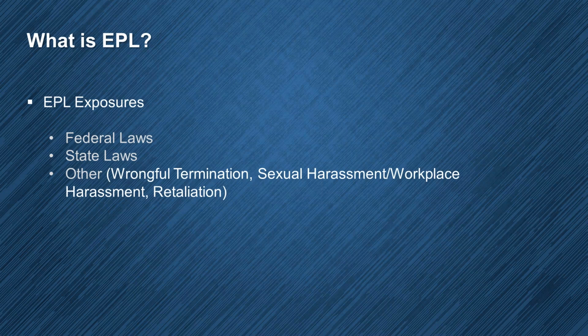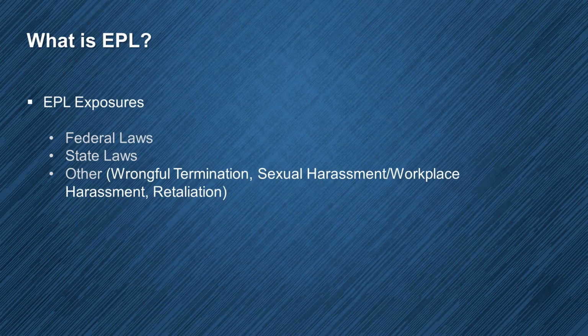From 1964 until it was amended in 1991, those claims were always brought before a judge. Historically, judges were more conservative in the awards that they granted, and this kept the severity of these claims a lot lower and more predictable.